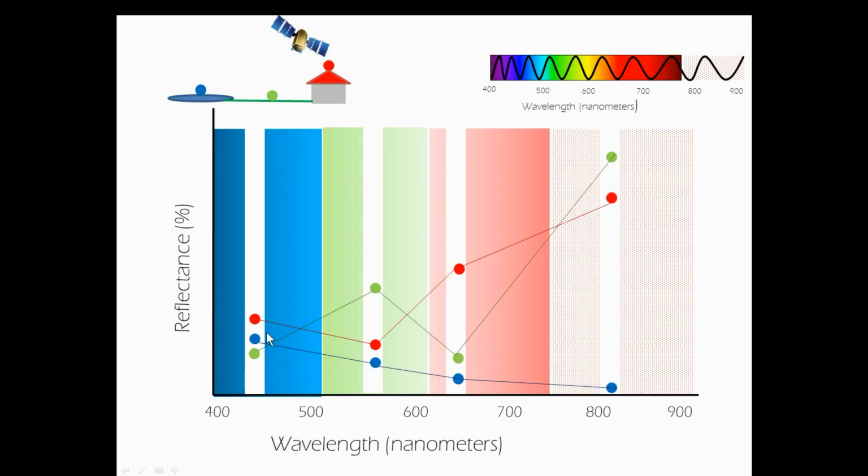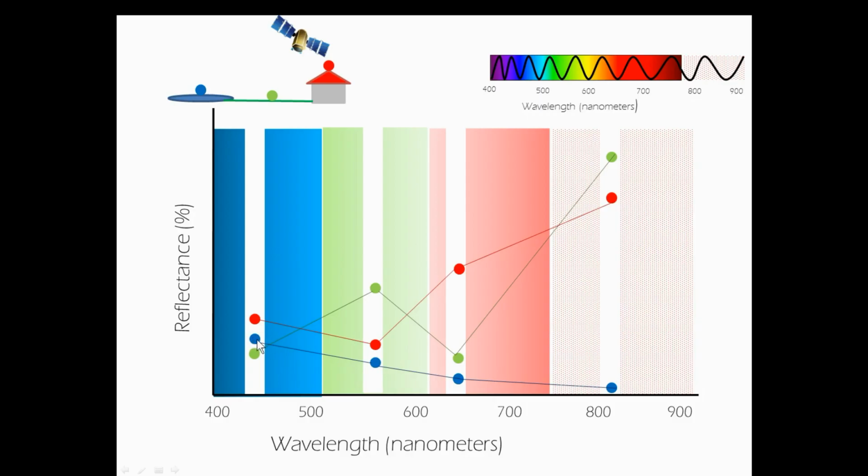So as we saw before, the red roof, symbolized by the red dots, is relatively low in the blue and green regions, and then has higher reflectance values for the red and near infrared regions. And if we look at the spectral signature for water, we can see that reflectance values are pretty low for each of the 4 bands, but that the highest reflectance value is in the blue region.